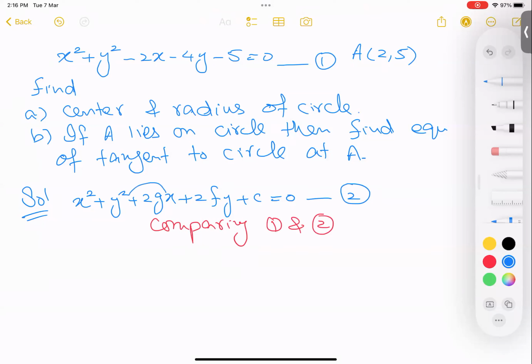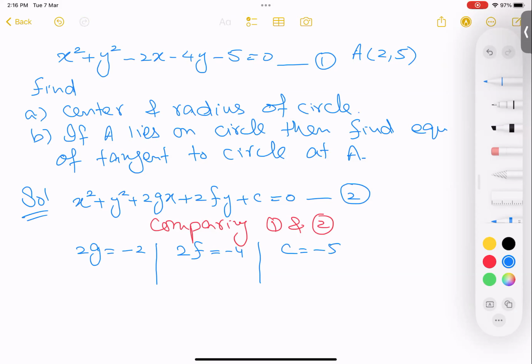What is the x coefficient here, 2g? What is the x coefficient here? -2. So I can say 2g is equal to -2. Same way, the y coefficient is 2f, and the y coefficient here is -4, so they are equal to each other. Last part, c equals -5.